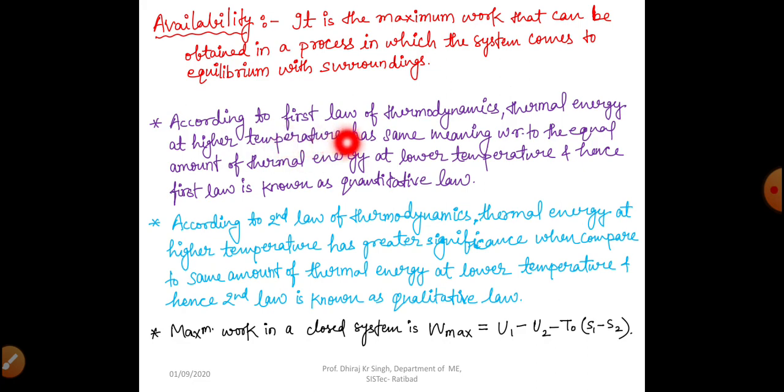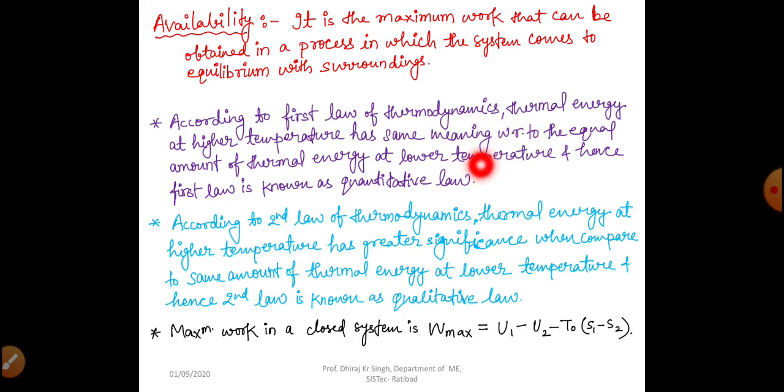According to first law of thermodynamics, thermal energy at higher temperature has the same meaning as an equal amount of thermal energy at lower temperature, and hence first law is known as quantitative law. In first law there was no comparison of what is higher temperature and what is lower temperature.